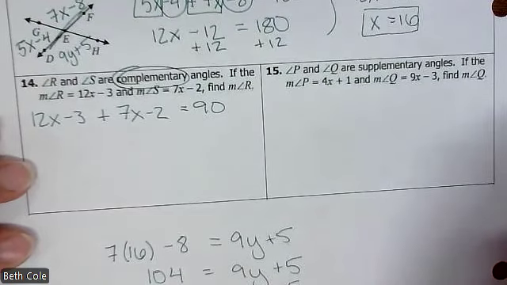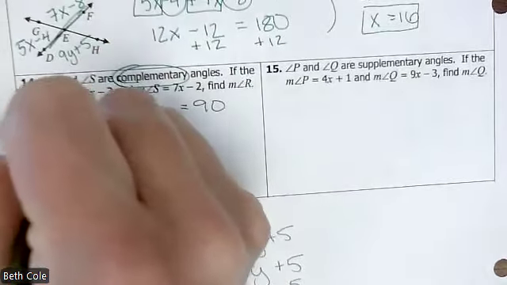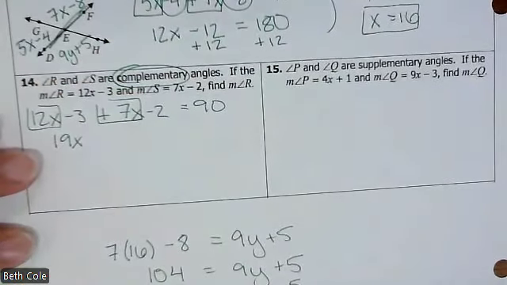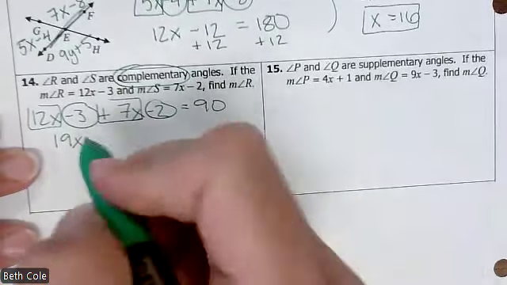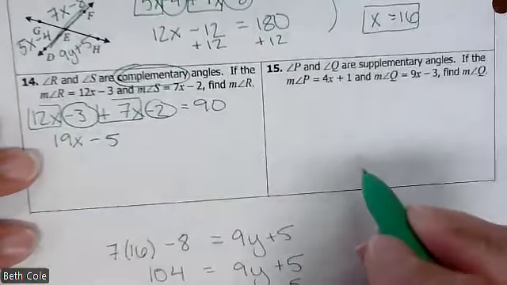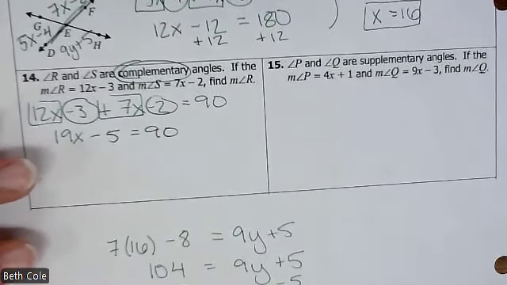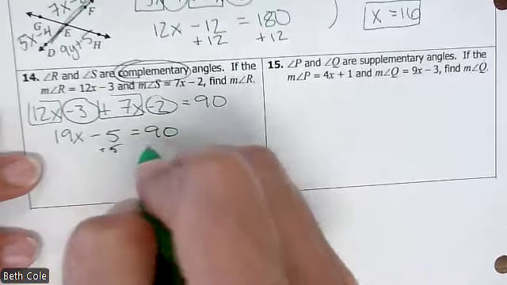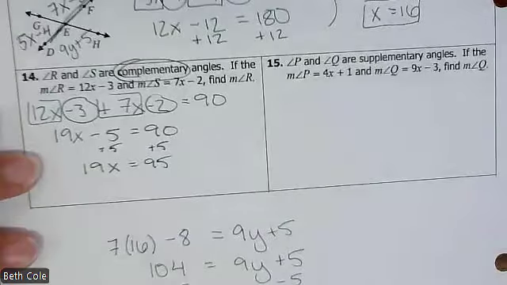So 12x plus 7x is 19x. Negative 3 and negative 2 is negative 5. Equals 90. Plus 5, so 95. And then you would divide by 19. I'm just slamming that in the calculator here.